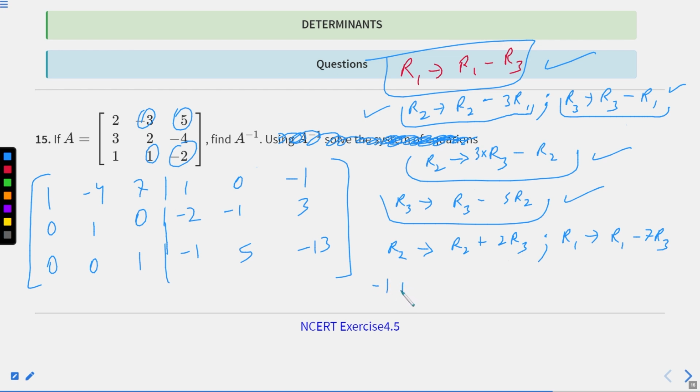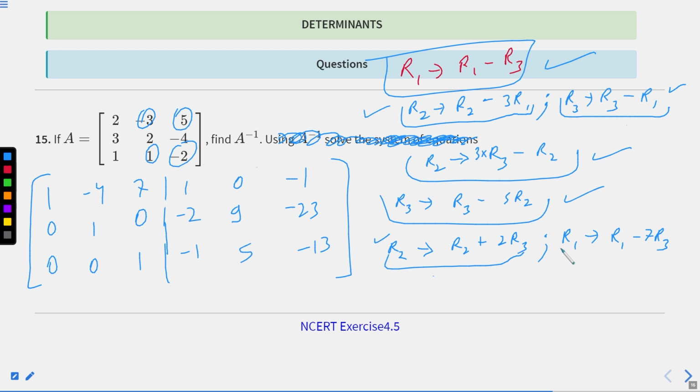Minus 1 plus 2 times R3 means minus 1 plus 10, so it will be plus 9. Now for this, 3 plus 2 times minus 13, so it will be 3 minus 26, which is minus 23.